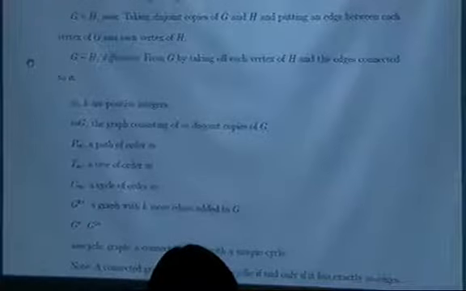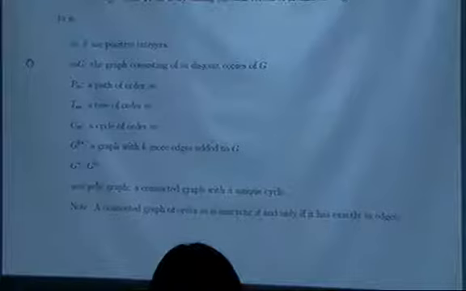P denotes a path, T denotes a tree, and C denotes a cycle, and the subscripts are all the order, which is the number of vertices. And if you have k more edges on G, then we denote it by G plus k edges, with a star. Especially when k is 1, we just denote it by G star. A unicyclic graph is a graph with a unique cycle, so you can get it by adding one edge to a tree.